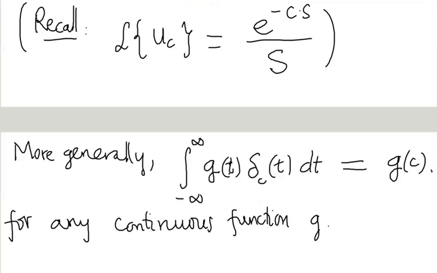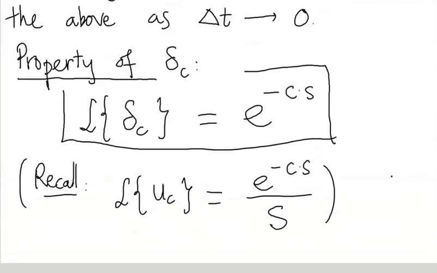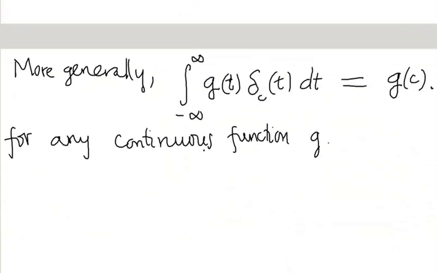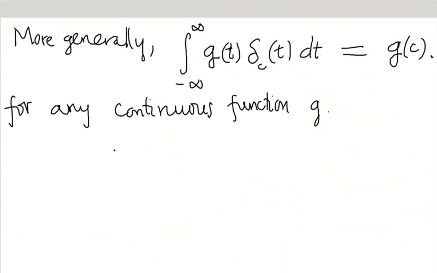So what it means is that when we integrate a function times delta c, what we get is very simple. It's just the value of the function at c. But we won't need this. We only need the formula for the Laplace transform. So that's the introduction, or the motivation, to define the impulse function.